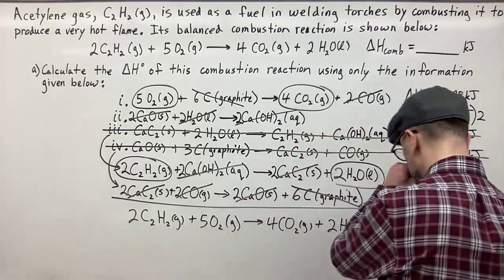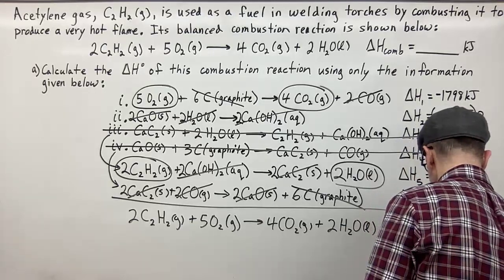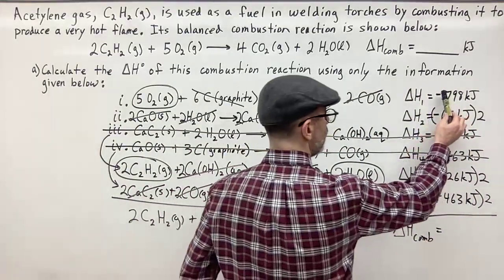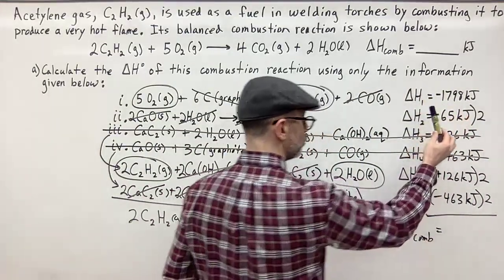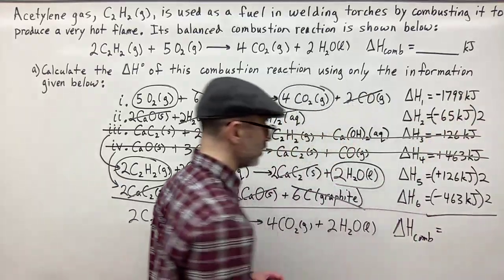And so the delta H of combustion is going to be equal to delta H1 plus delta H2 plus delta H5 plus delta H6, all of this together.